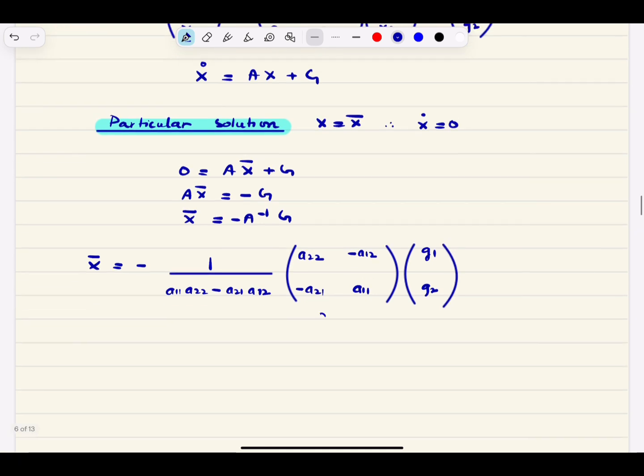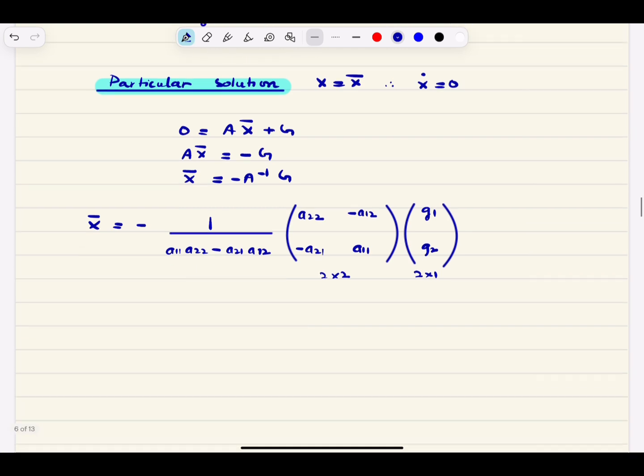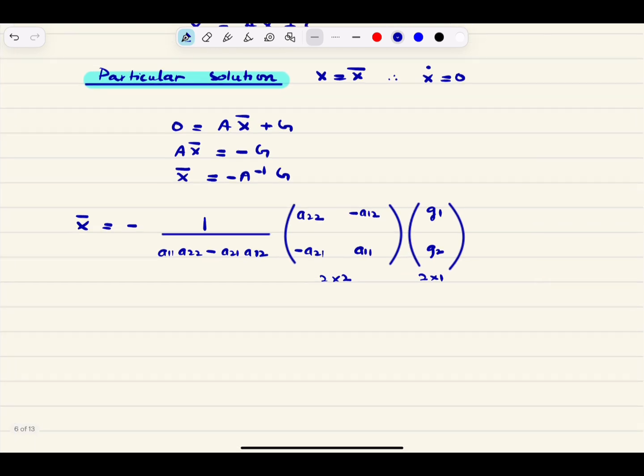Since this is a 2 by 2 matrix and this is a 2 by 1 column vector, when you do matrix multiplication you're going to end up with a 2 by 1 column vector.